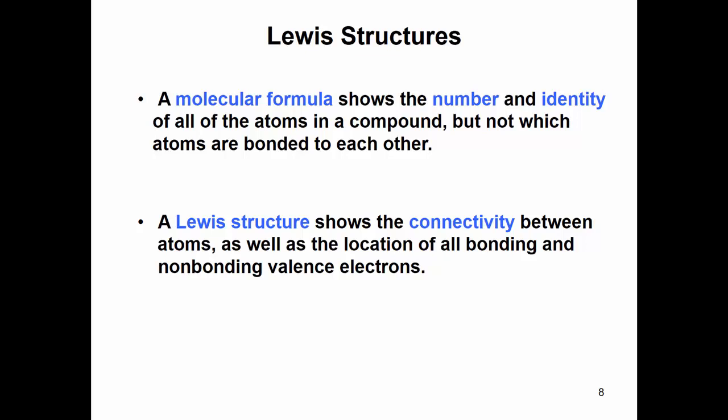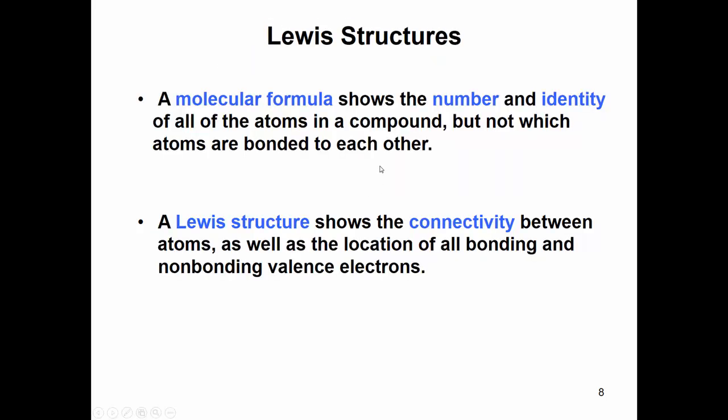So if we look at just a formula for a compound, let's just do something simple, methane, CH4. That formula tells me the number and the identity of the atoms in the compound. We have a carbon and we have 4 hydrogens.